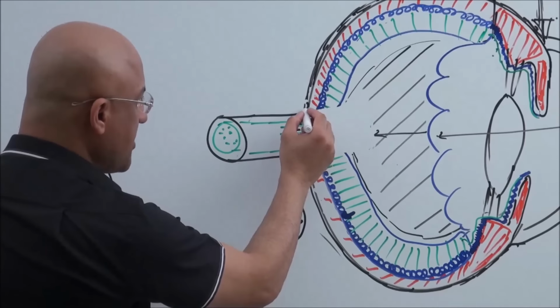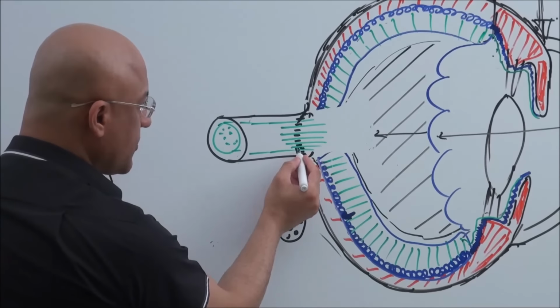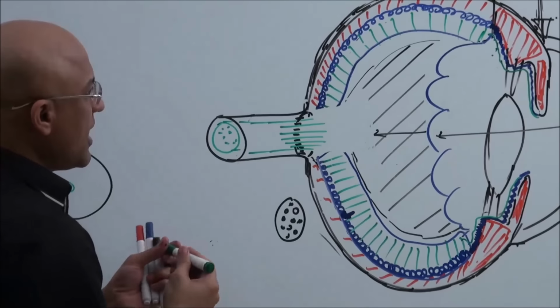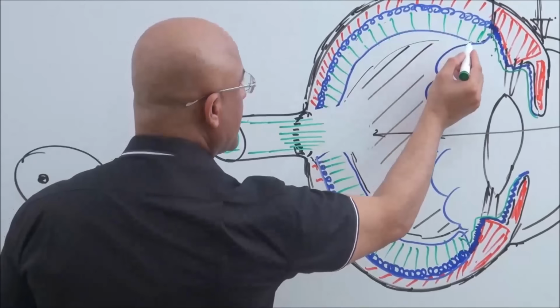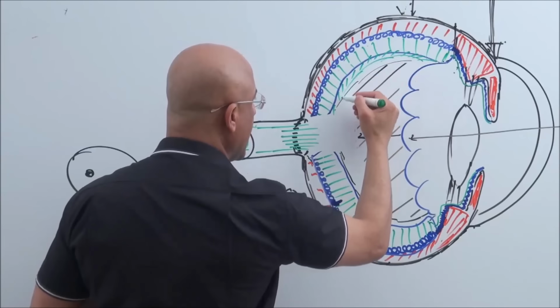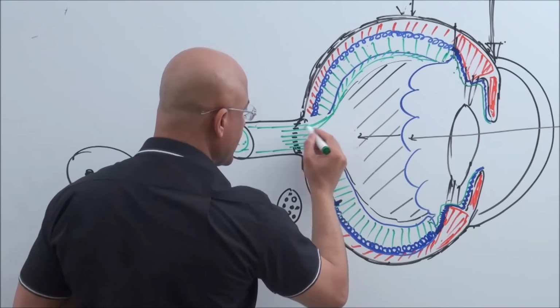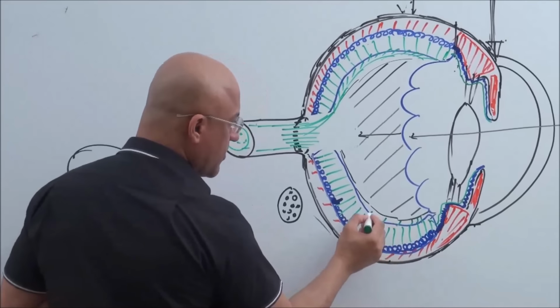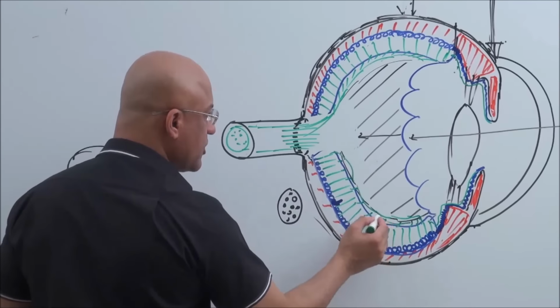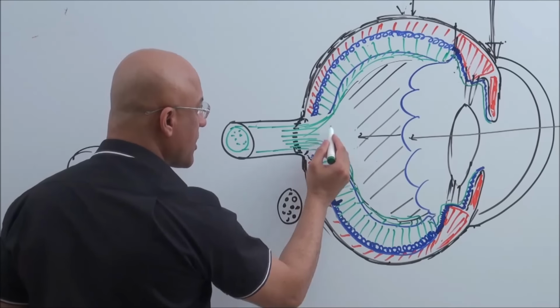So this is lamina cribrosa from here up to here. Now, as I will explain later, the nerve fibers which carry information from the retina are moving in this direction. From the neuronal retina, I will explain in detail later, these fibers are coming here.